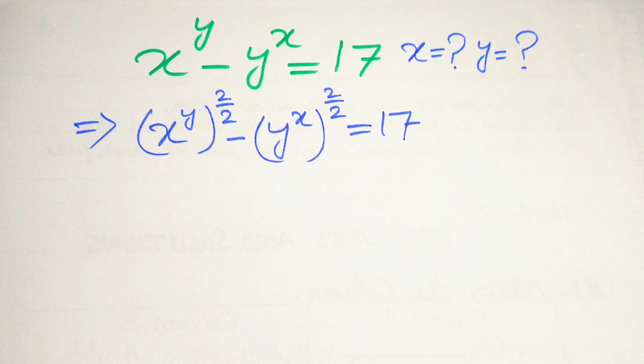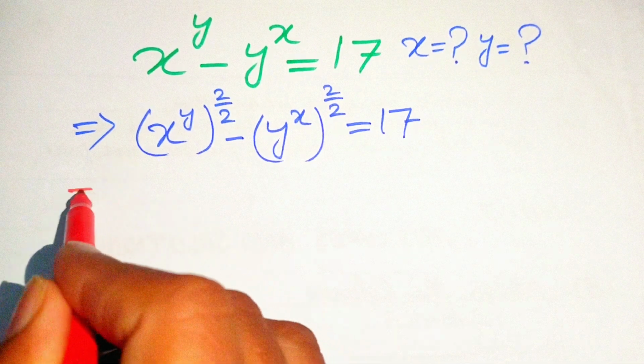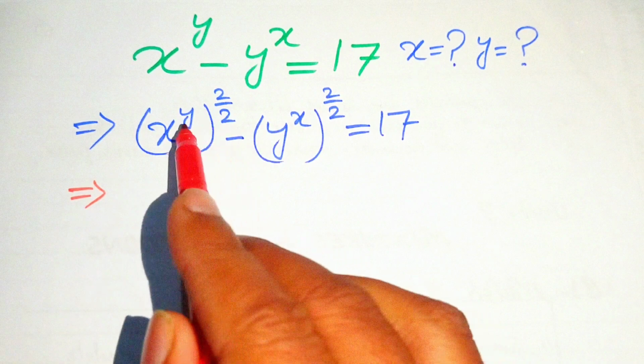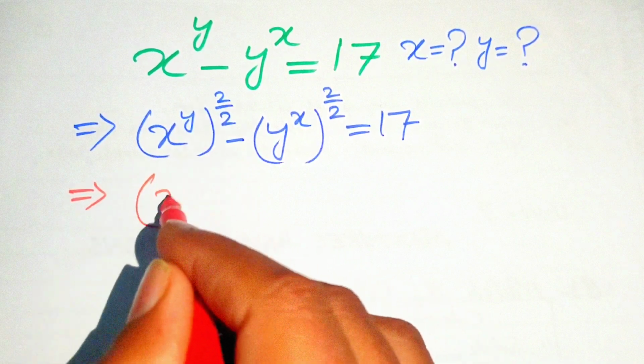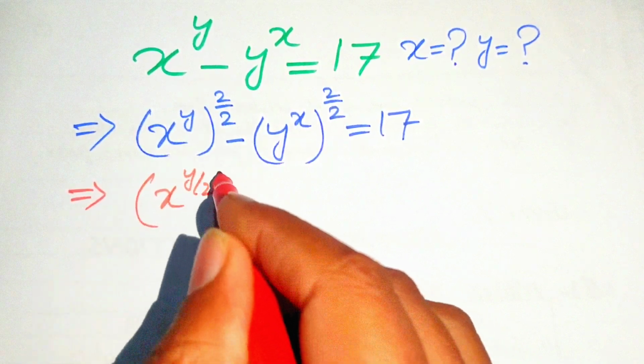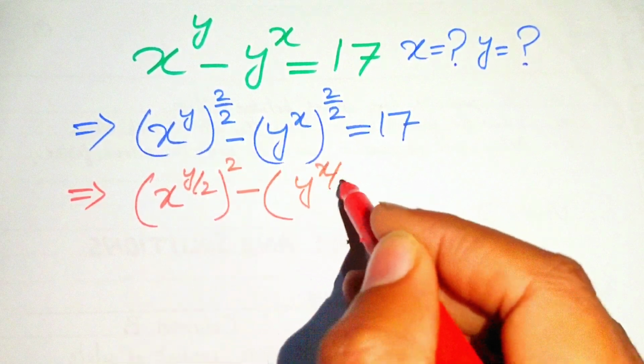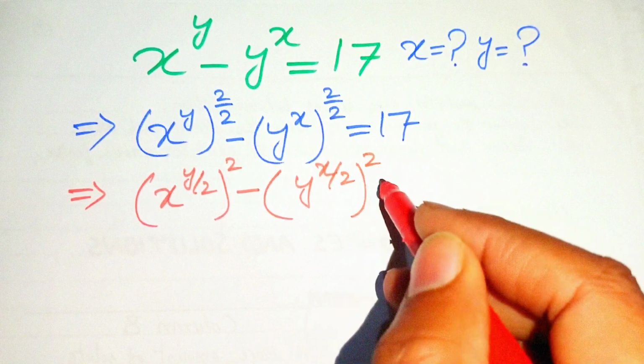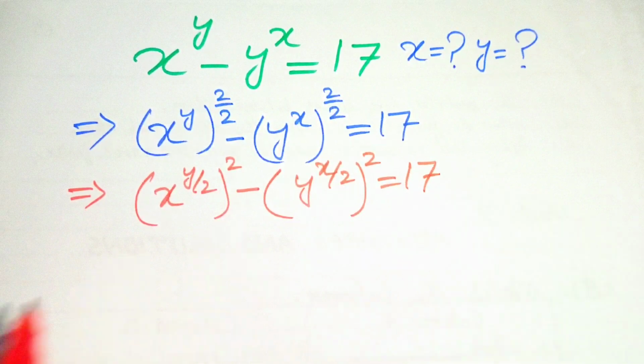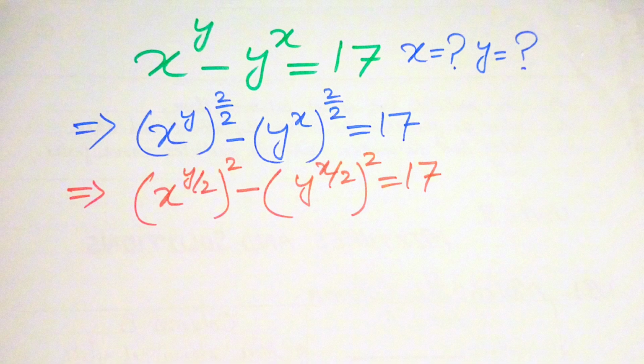In the next step we multiply the exponent 1 over 2 by y, and we write it as x to the power of y by 2, whole square, minus y to the power of x by 2, whole square, equals 17.